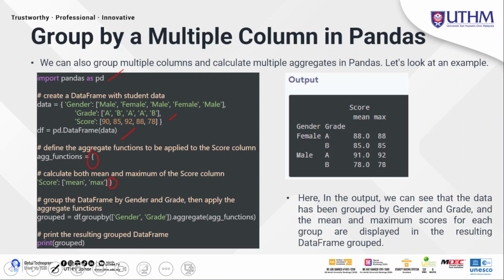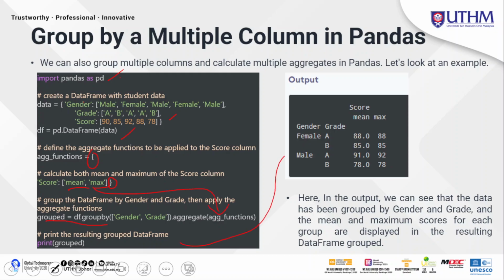Group by, the group by value is based on gender and grade. Each gender has grades A and B, so female A, B, male A, B. So they group them by these, and the aggregate functions calculating the mean and the maximum are passed to here.